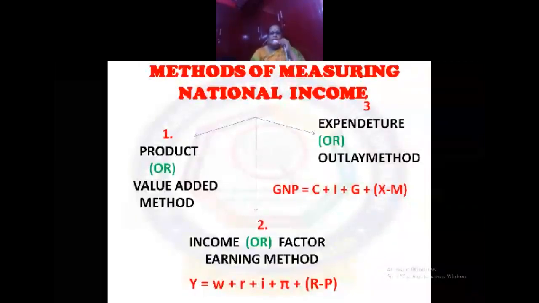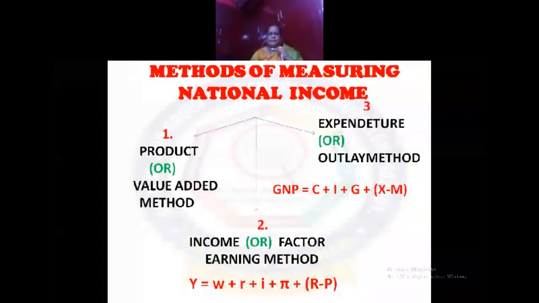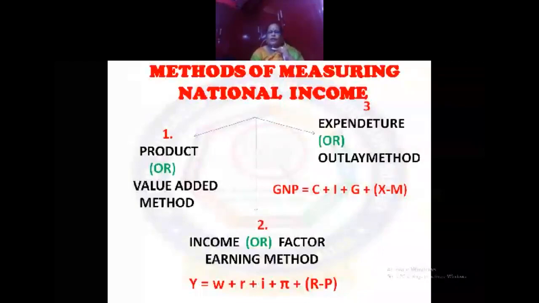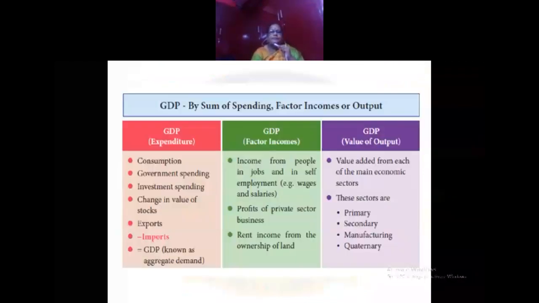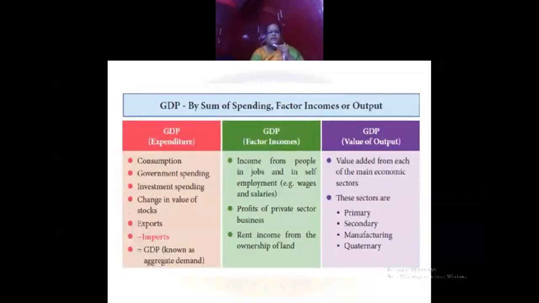The product method will also be called as value added method. The income method will also be called as factor earning method. And the third one, expenditure method, will also be called as outlay method. Now, GDP at value of output, that is product method.